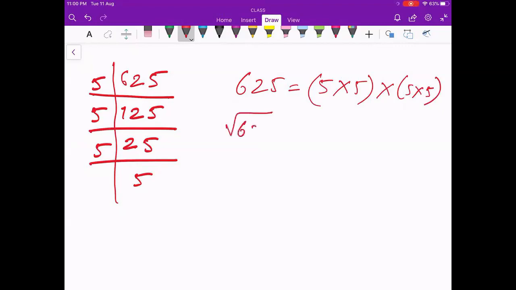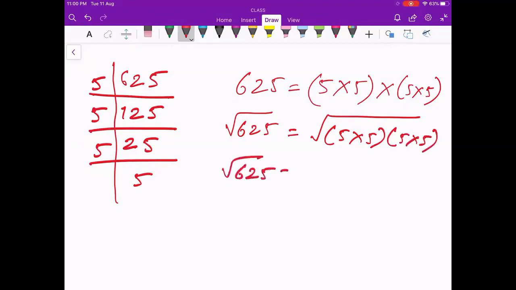So root of 625 will be 5 into 5, one 5 comes out from each pair. That is equal to 25. This is how we find the square root by the factorization method.